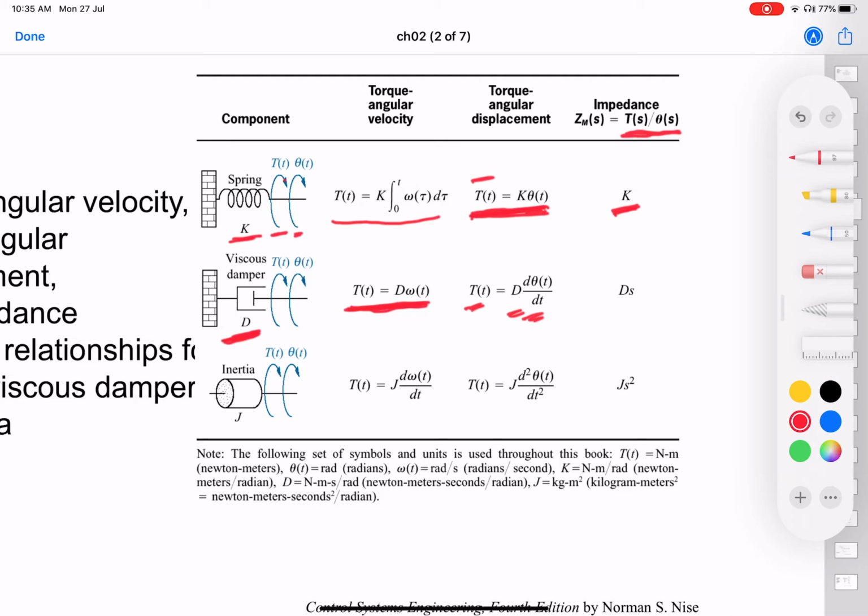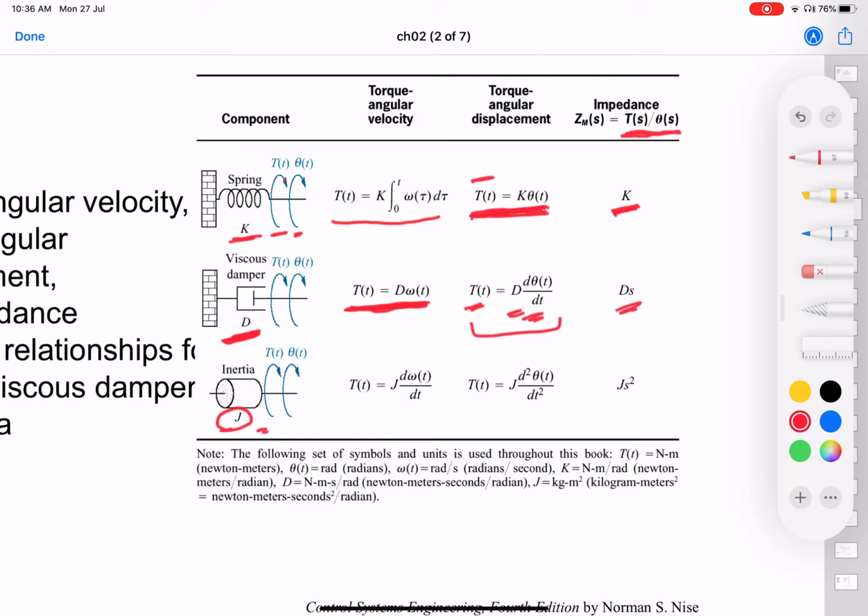And the impedance, which is T of s by theta of s, would be Ds if you take the Laplace transform of this equation. Similarly, the third important element of rotational mechanical systems is the inertia, right? Inertia J, and the inertia basically replaces mass from translational mechanical systems. So in rotational mechanical systems, we have inertia towards the motion, inertia towards rotation.